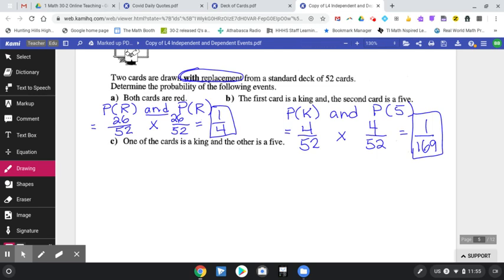So here's another one of those ones where it feels like something's missing here. One of the cards is a king and the other is a 5. So remember, this can happen in 2 ways. So we'll say this can happen in 2 different ways, or we'll say different orders.